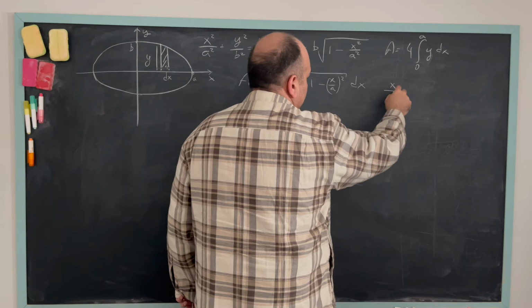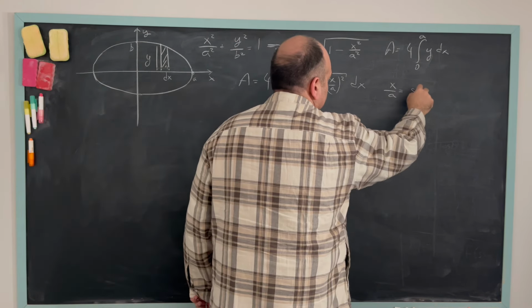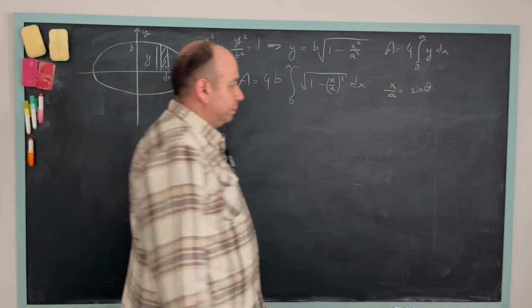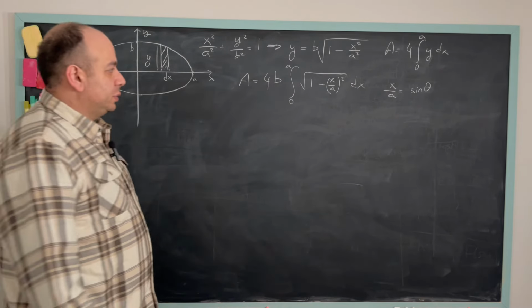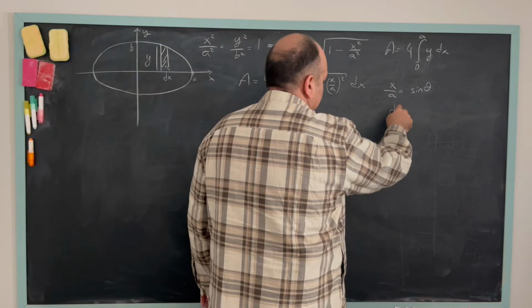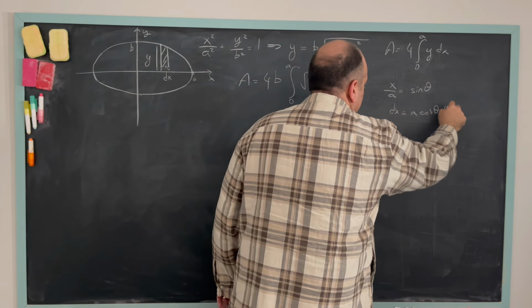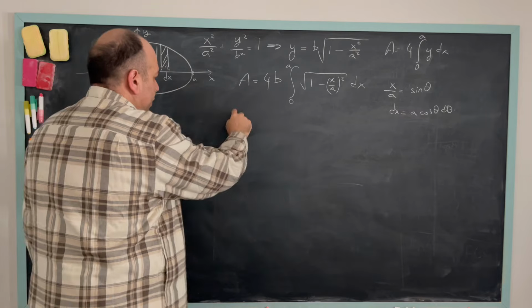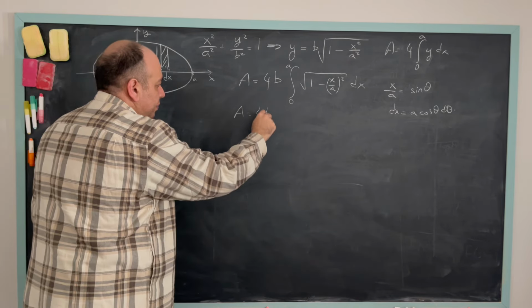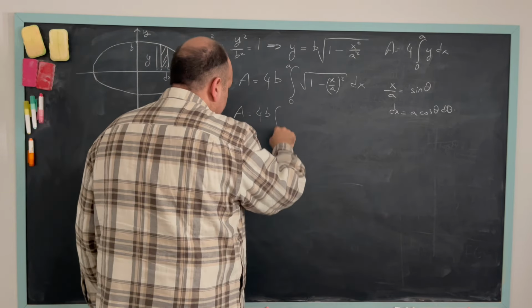At this point I can make a substitution, x over a is equal to sine theta, a trigonometric substitution. So dx will be equal to a times cosine theta d theta. So the area would be equal to 4 times b, the integral.